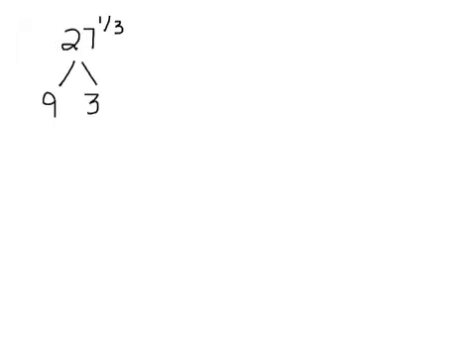So let's see, 27 is 9 and 3, and then the 9 is 3 and 3. So 27 to the 1/3 power is just equal to 3, because when I split 27 into all of its factors, I end up with 3 3s. So 27 split into 3 equal factors is just equal to 3. Okay, that's what we did yesterday.